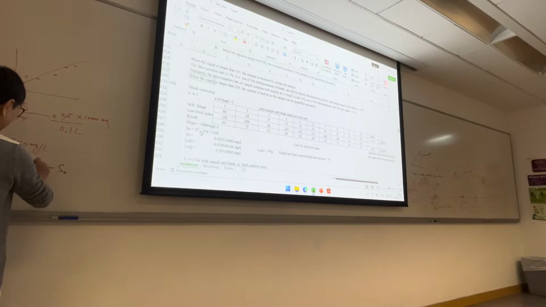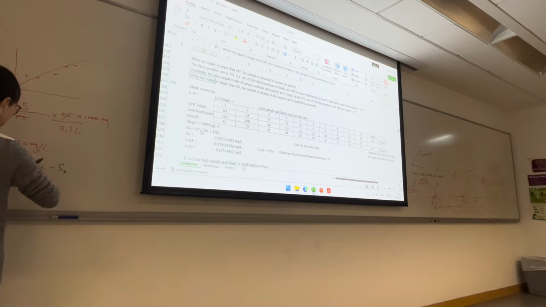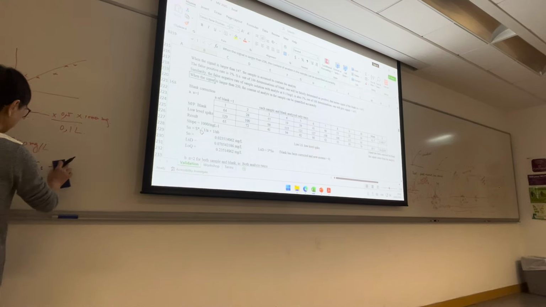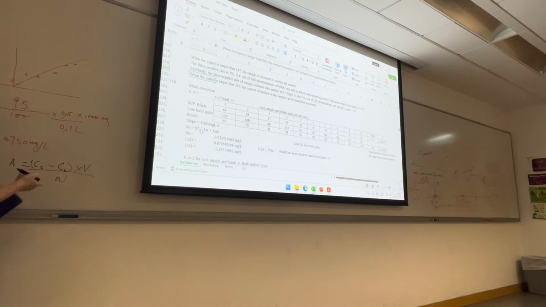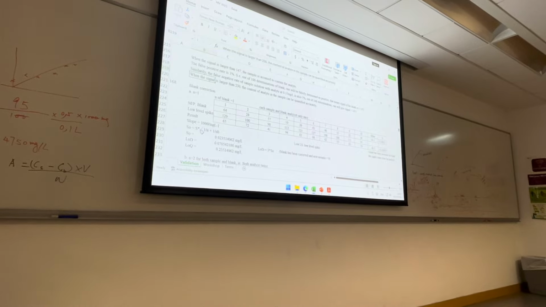And then, this is concentration, okay? And then times volume over weight. And that will be blank correction. For some of the disciplines, they do not correct for the blank.